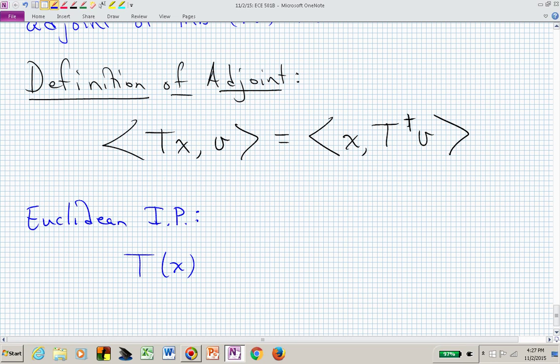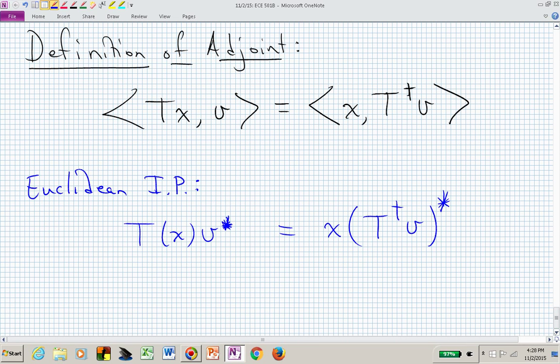Take its conjugate, don't we? So now we need to take the complex conjugate of v and use that to multiply T of x. And if that's the case, what do we get on the other side? We have x, and then we should have T dagger V complex conjugate.